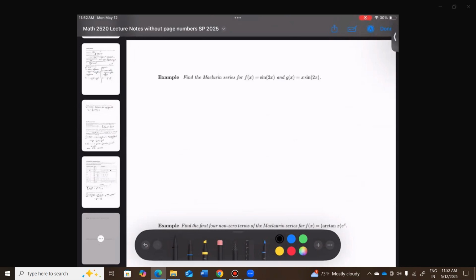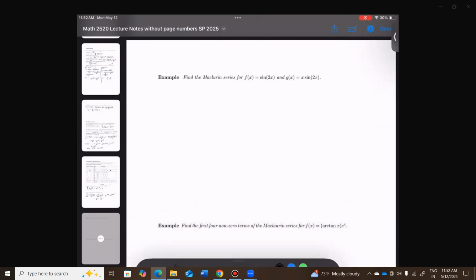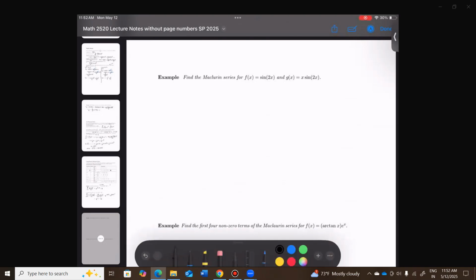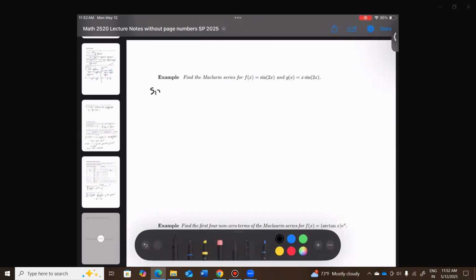Alright, so next couple of examples. Find the Maclaurin series for f of x equaling sine of 2x and g of x equaling x sine of 2x. Alright, so we'll start with what sine of x is.